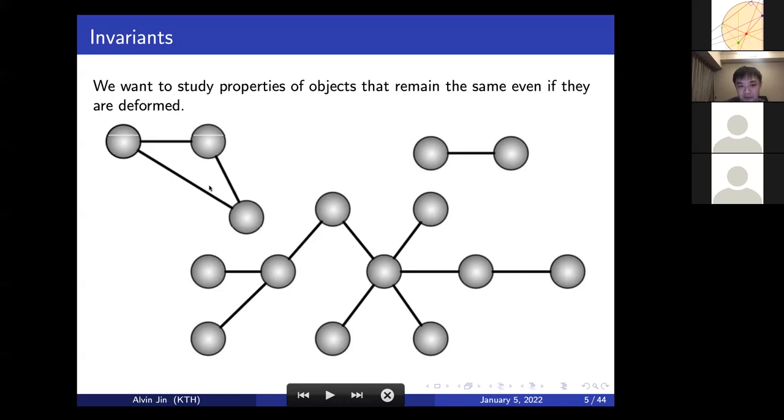Here I have a connected component, this tree that's connected, and this line segment that's connected. So there are 3 connected components, and that's actually one of the topological invariants that we are going to study. Namely, it is what we call H0 of a space. So that's the number of connected components. There are 3 of them here.